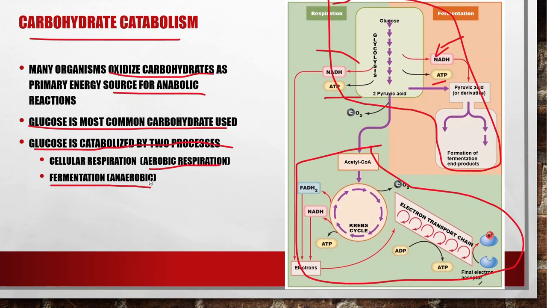That's if you don't have oxygen, and the best you can do is like 2 ATP molecules per molecule of glucose, which is extraordinarily wasteful, because down here you can get over 30, closer to 40 actually.